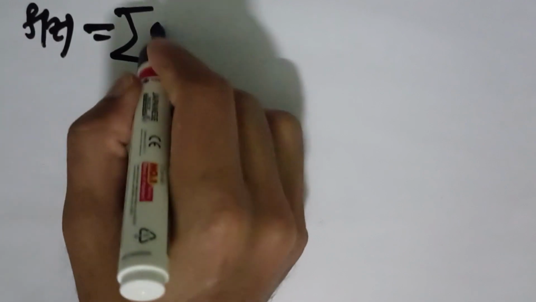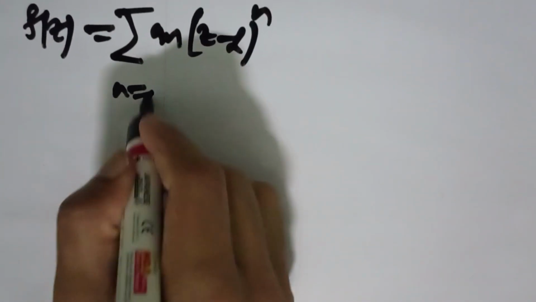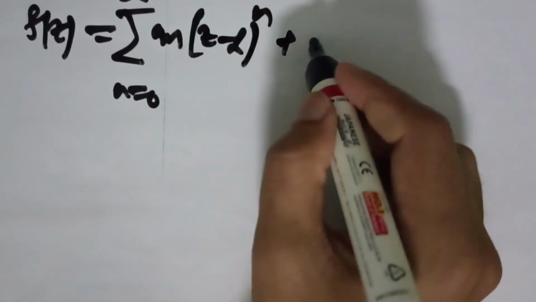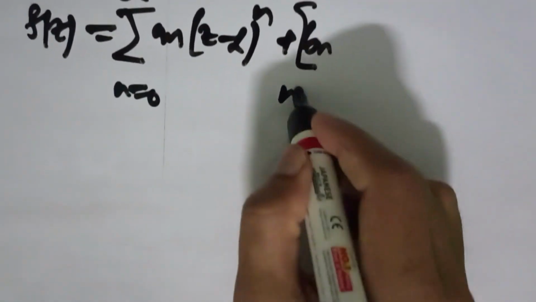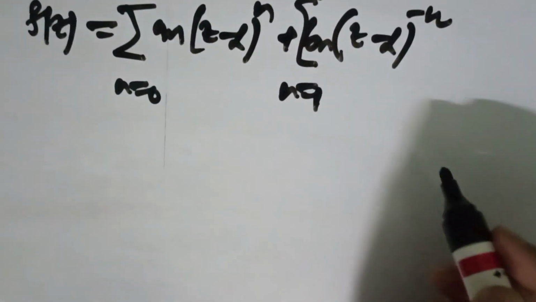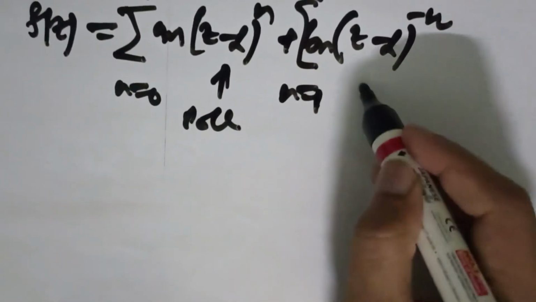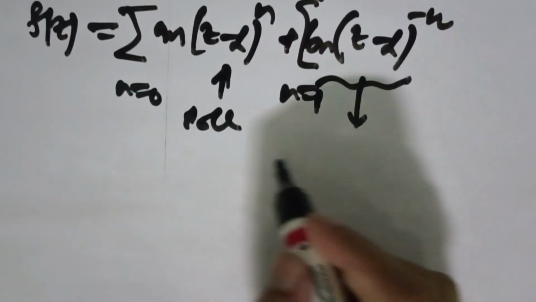It is the summation of a_n (z - alpha)^n, where n varies from 0 to infinity, plus the summation of b_n (z - alpha)^(-n), where n varies from 1 to infinity. We know that if alpha is a pole, then the principal part contains finitely many terms.